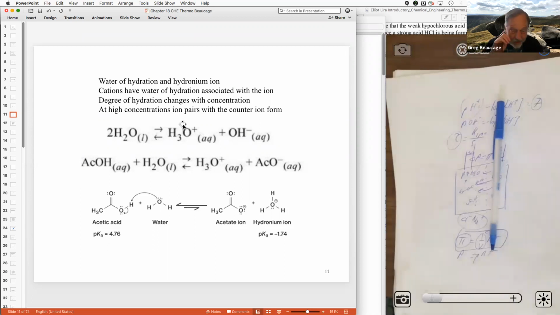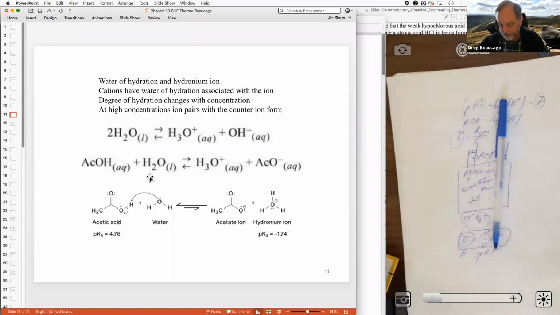So when you write the reaction, there are a lot of these dissociation reactions in the back of the book. There's a table of dissociation constants, right?